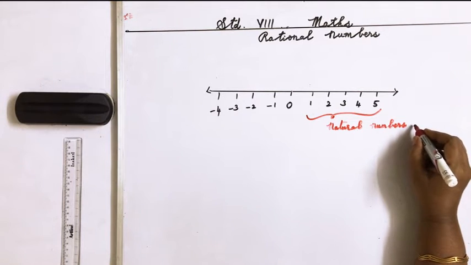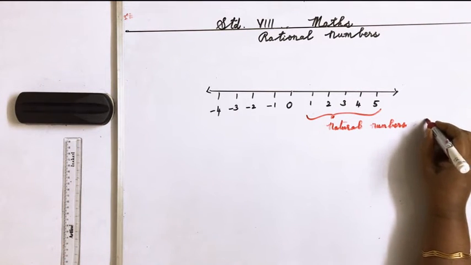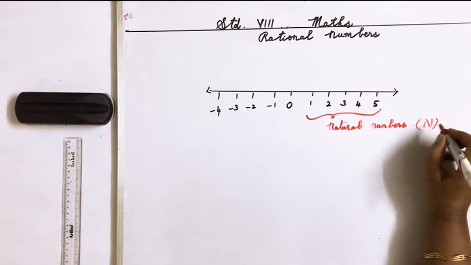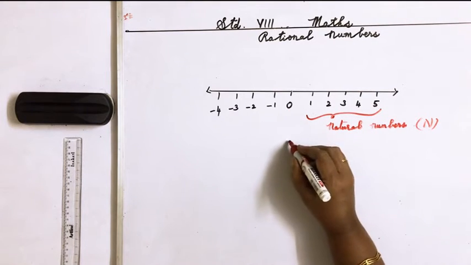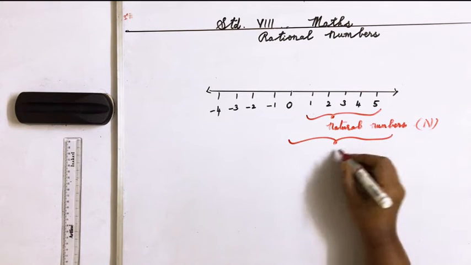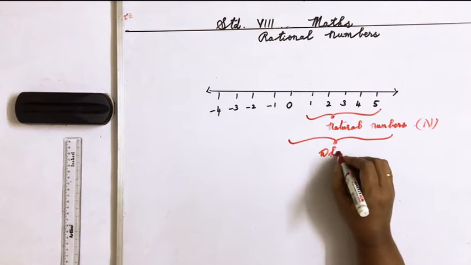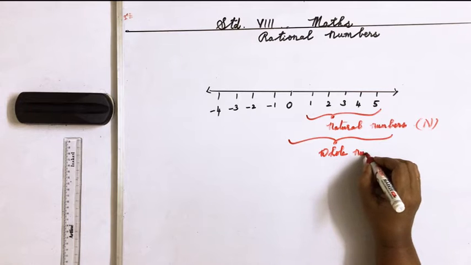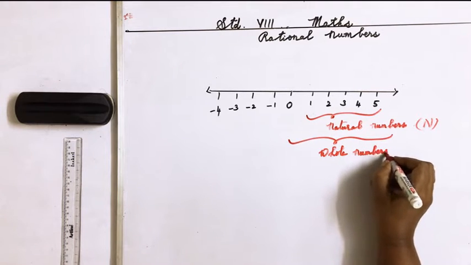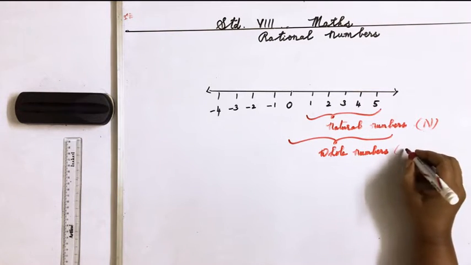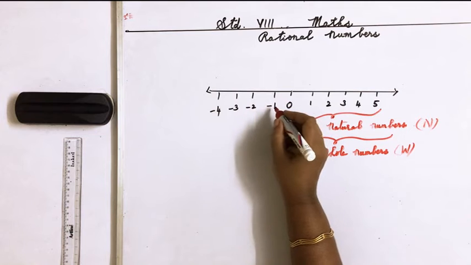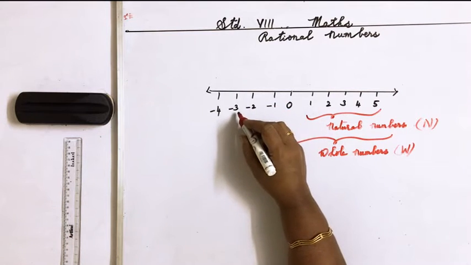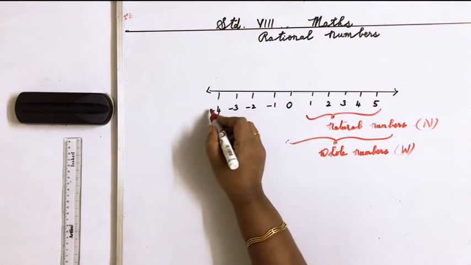The letter used to denote natural numbers is capital N. If 0 is included with natural numbers, they are called whole numbers, and the letter used to denote whole numbers is capital W. To the left of 0, we have numbers with a minus sign, called negative integers.